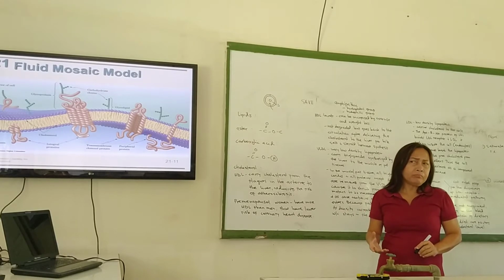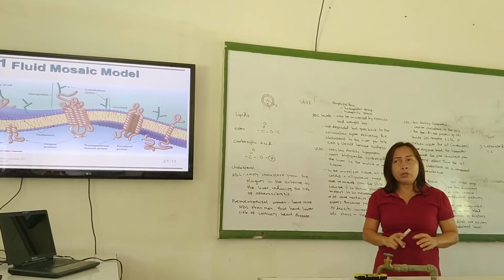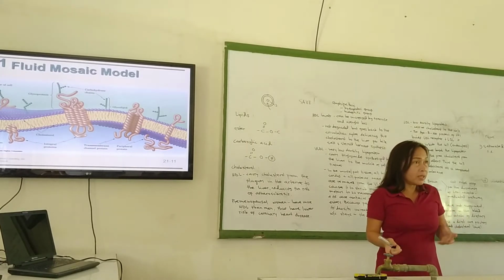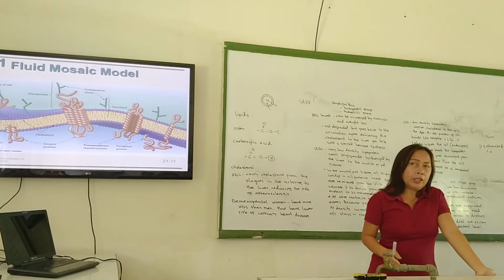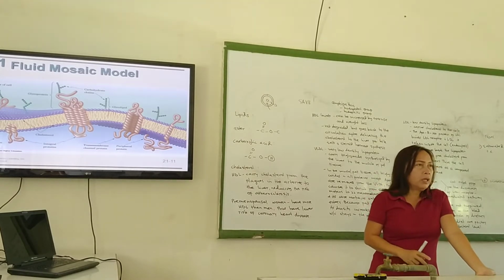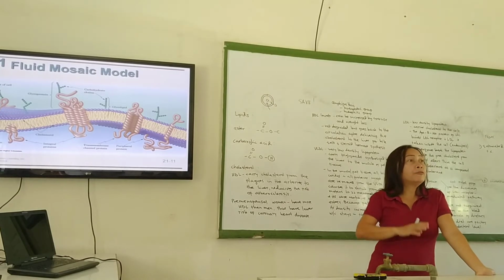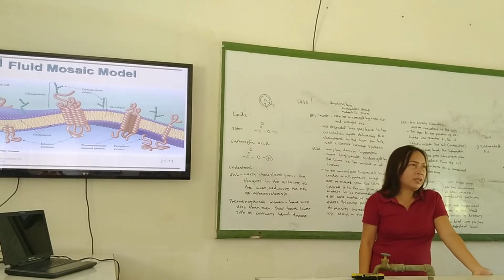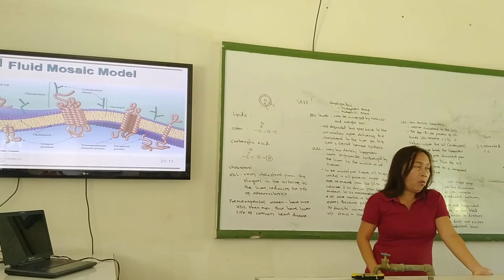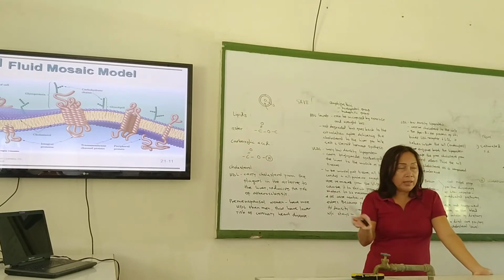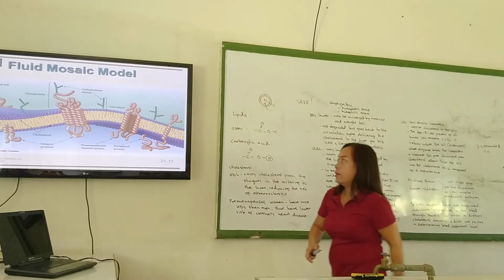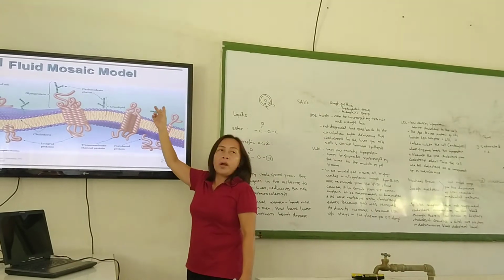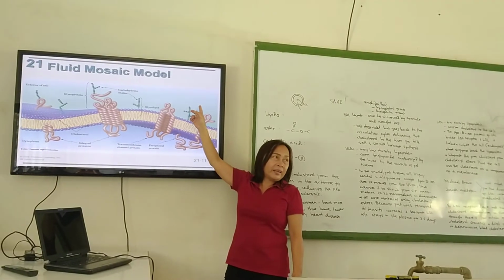Now, by the way, if you try to get the percentage of the membrane components, the membrane consists accordingly of 50% protein and 50% lipids. However, how about the other components? Some other components are bonded with either lipids or proteins. For example, carbohydrates, like this. Our carbohydrates do not exist singly in the membrane.